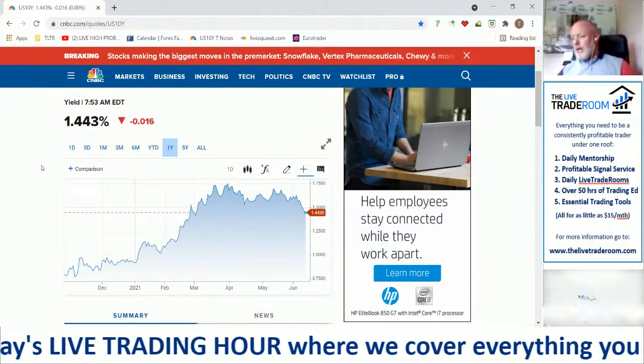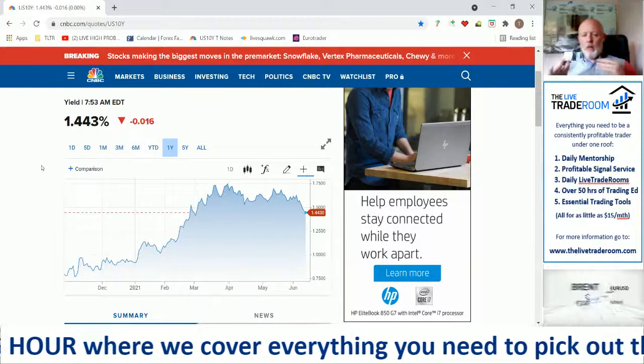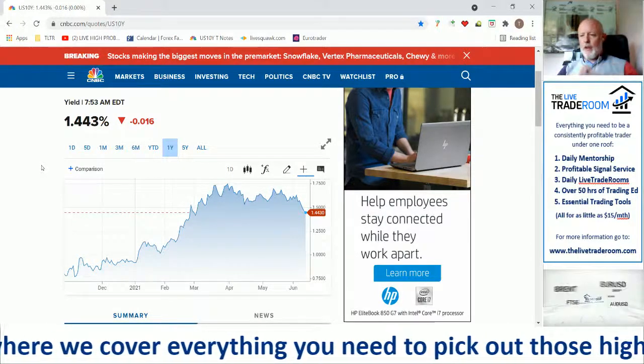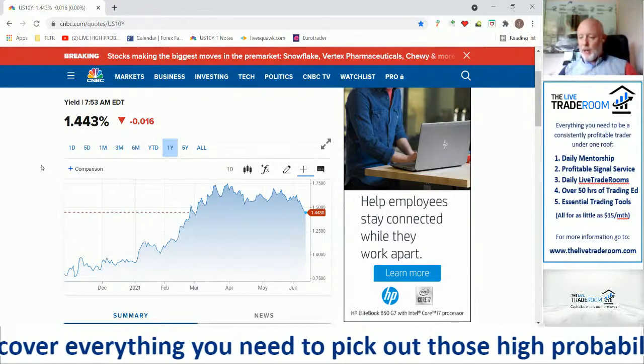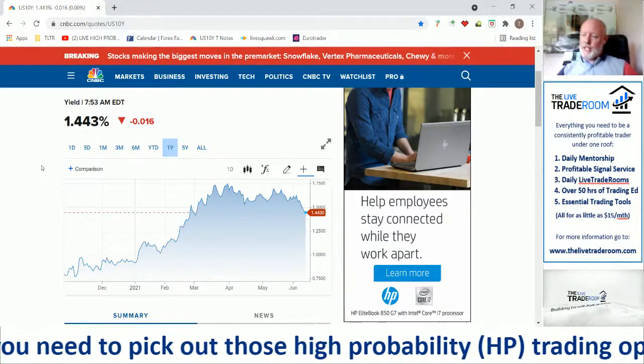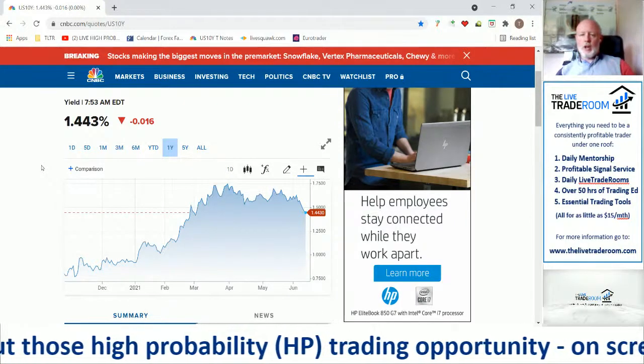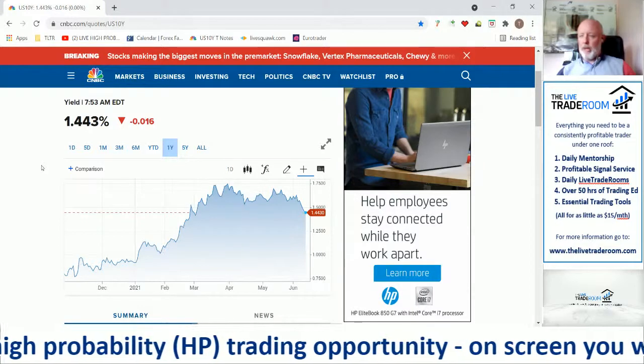So there's this structural issue where we've got markets that are not really making as much sense as we would like them to. With that surprising uptick in inflation, we would expect stock markets to be under a little bit of pressure.